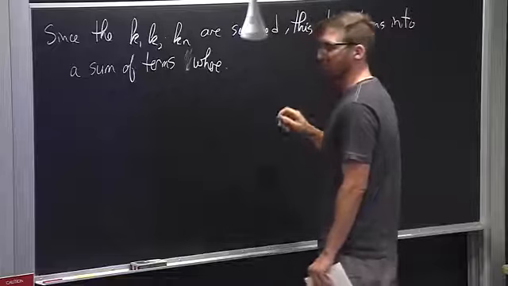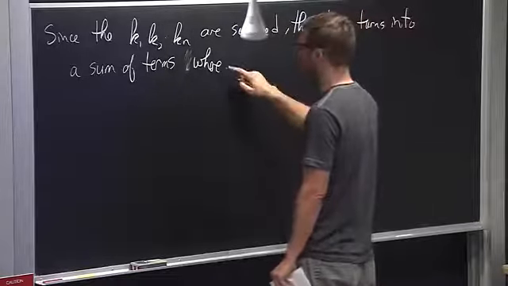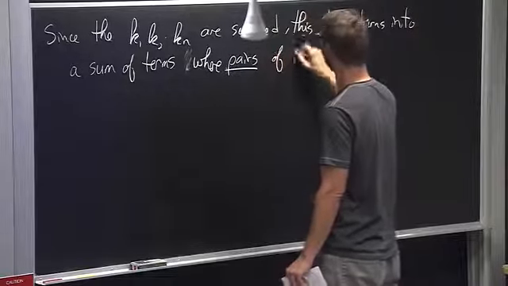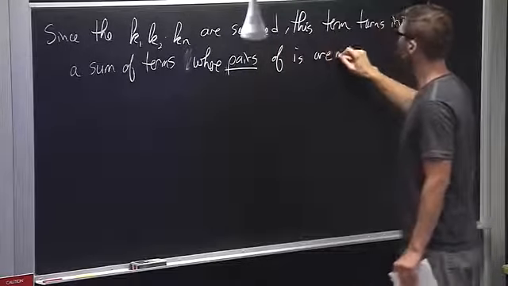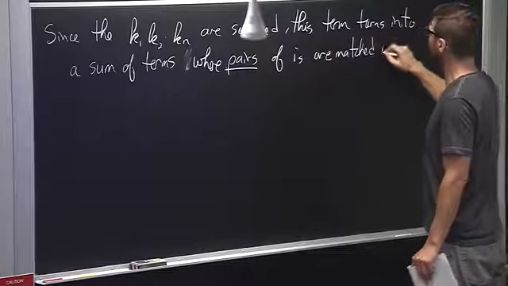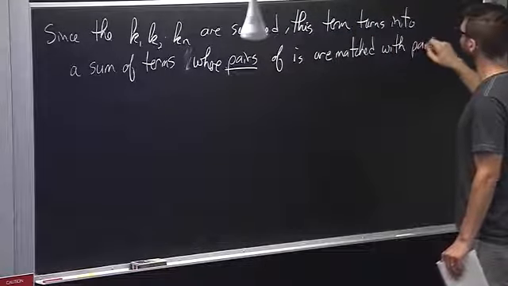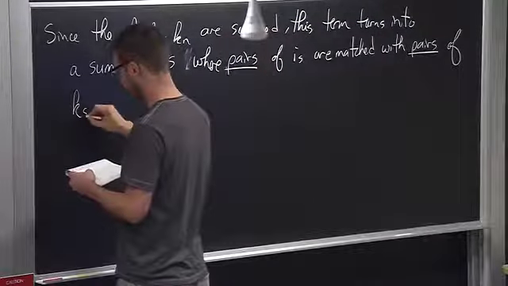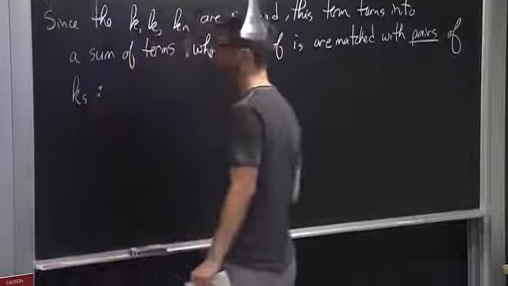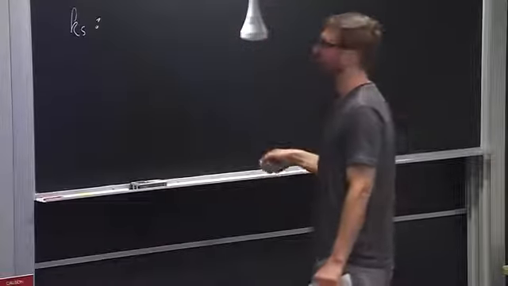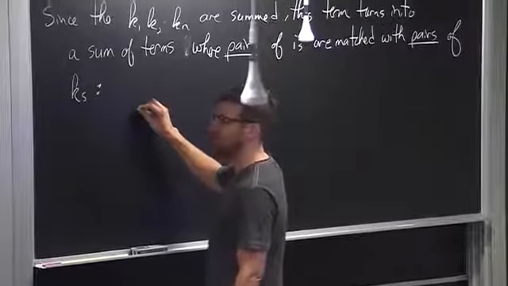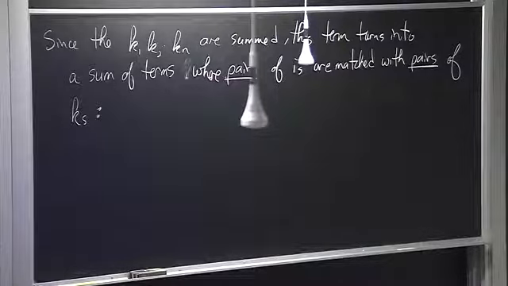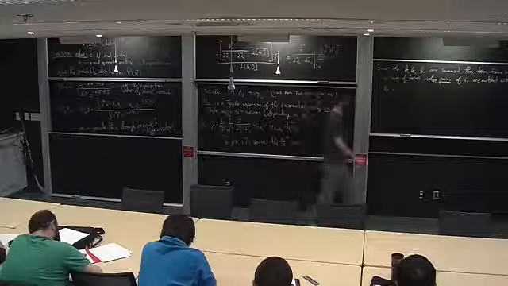So it's like you're matching pairs of i's with pairs of k's, basically. So you can imagine, imagine you have these n different variables, the indices on these n different variables.